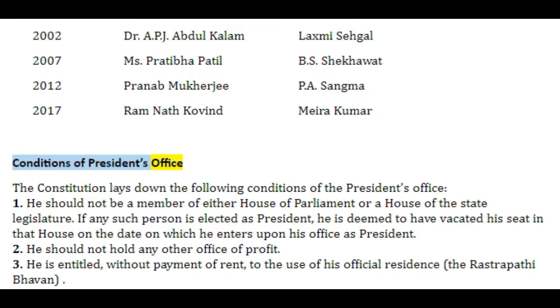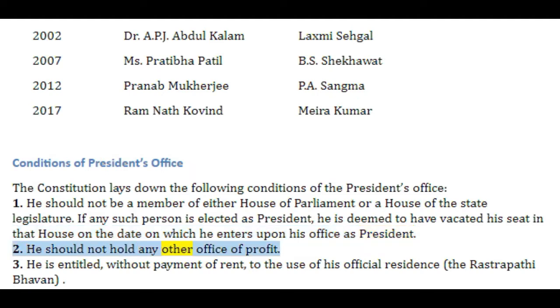Conditions of President's Office. The Constitution lays down the following conditions of the President's office. 1. He should not be a member of either House of Parliament or a House of the State Legislature. If any such person is elected as President, he is deemed to have vacated his seat in that House on the date on which he enters upon his office as President. 2.